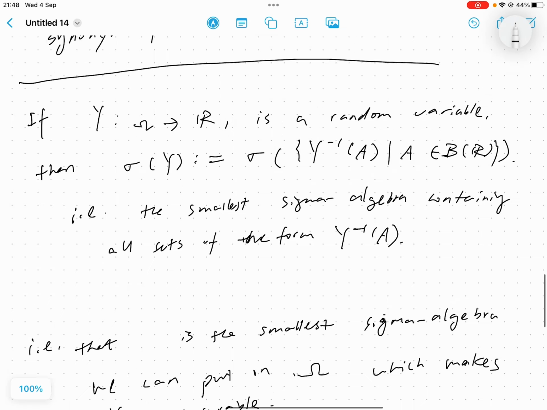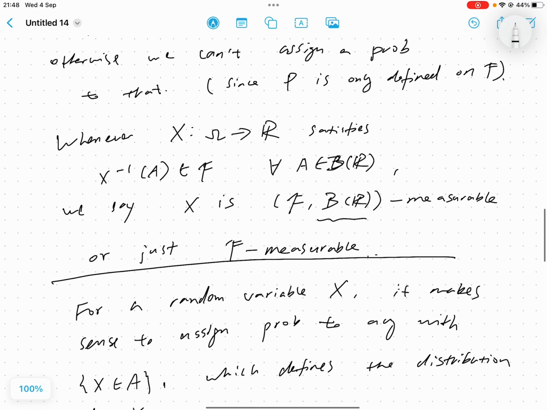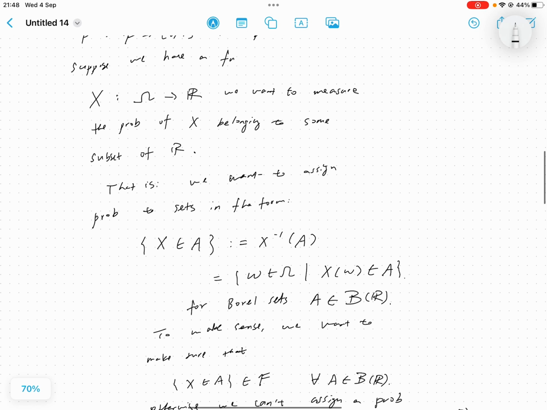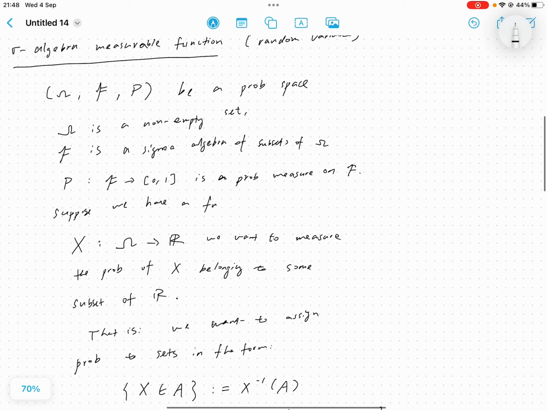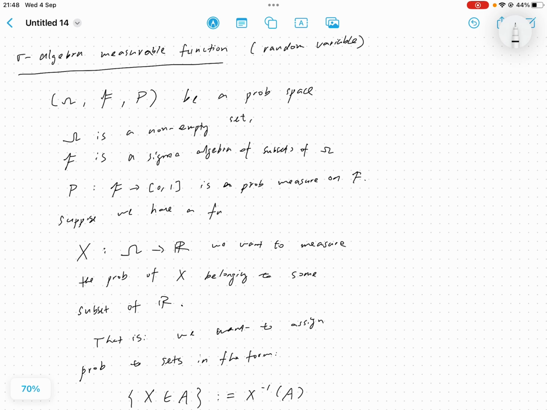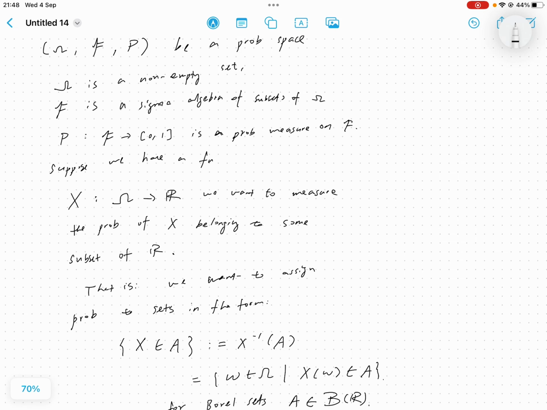Okay, good. So now we have the formal definitions for the sigma algebra measurable function. That's basically used for us to study some probability properties of random variables.